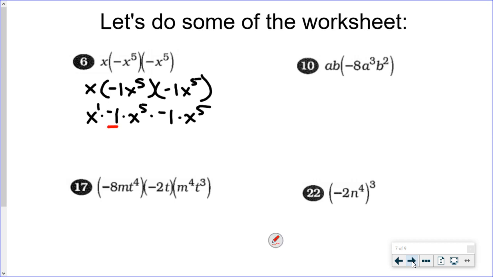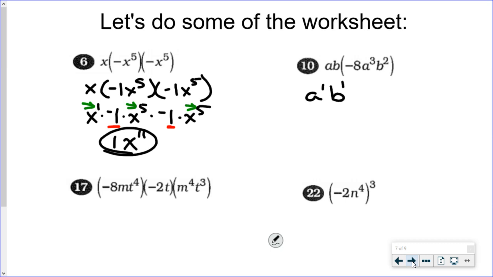So what is -1 times -1? That's just a positive 1. And then x to the power of 1 plus 5 plus 5 is x to the power of 11. Okay, tricky.